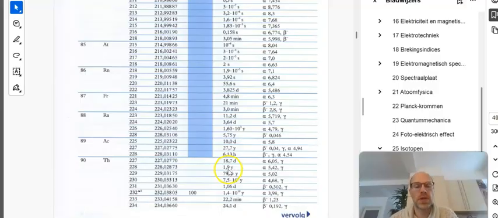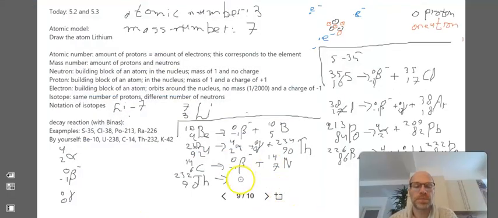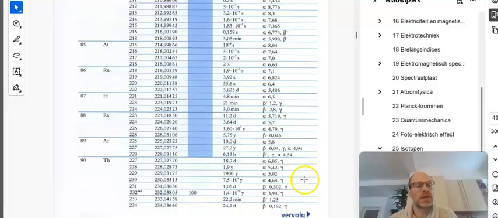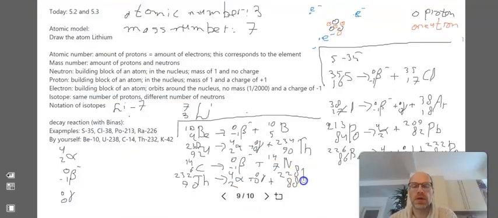And which thorium was it again? 232, and that is alpha and gamma. So then we are left with 228 and 88, and 88 is Ra.